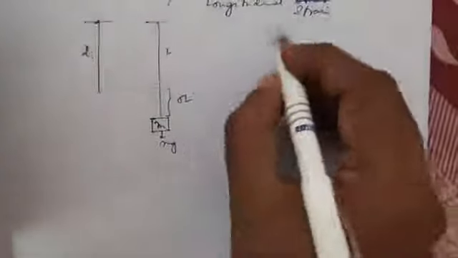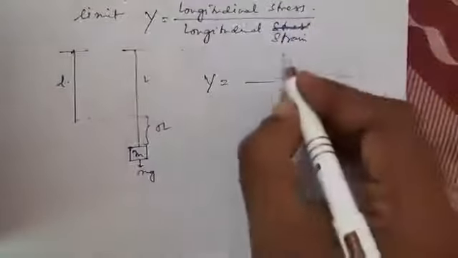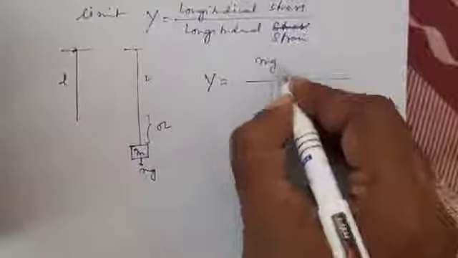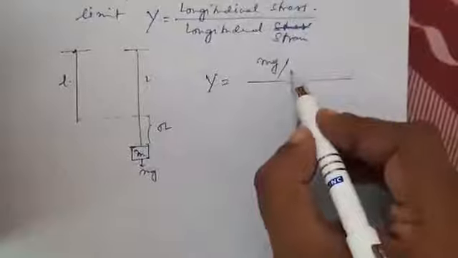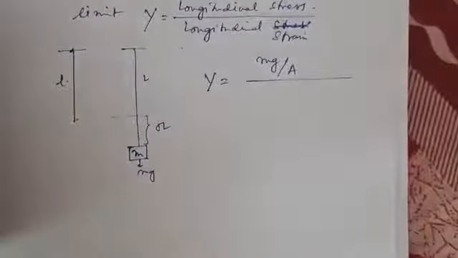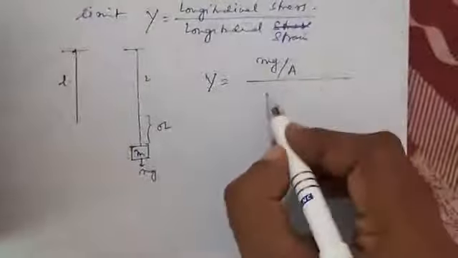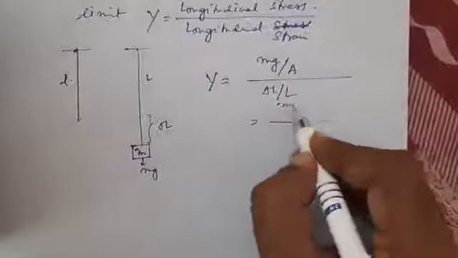Now what is the longitudinal stress by longitudinal strain? Y equals, we have already learned that longitudinal stress means F by A. Force here is the weight of the block, by A, the area of cross section, by longitudinal strain, delta L by L. Now mg, and what is A?